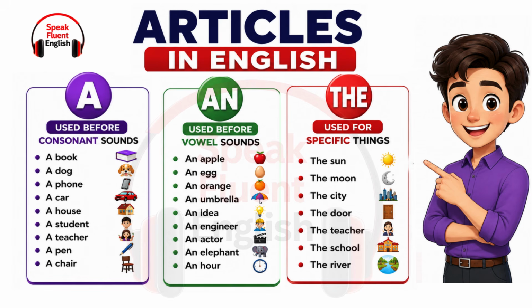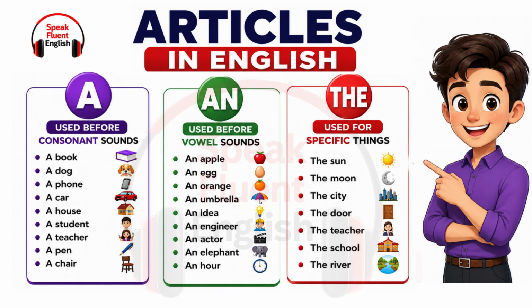A. We use a before singular nouns that start with a consonant sound. Example: a book, a dog, a phone, a car, a house, a student, a teacher, a pen, a chair.